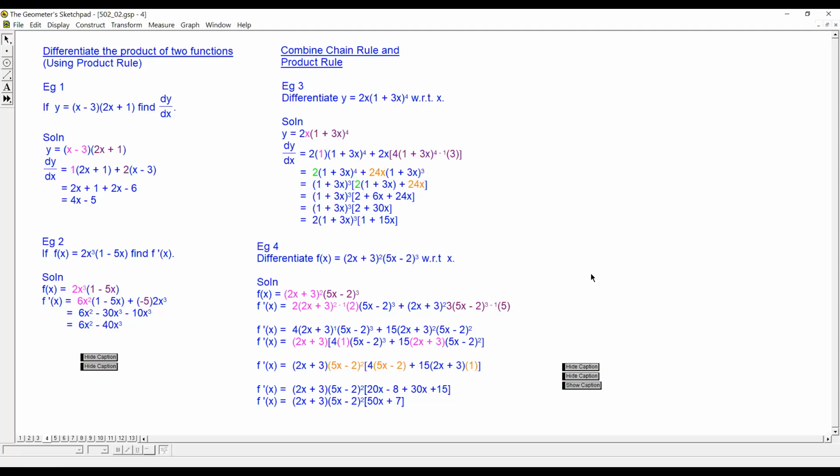Can follow or cannot follow? Can, teacher. Can. Others? Others can follow or not? Can.